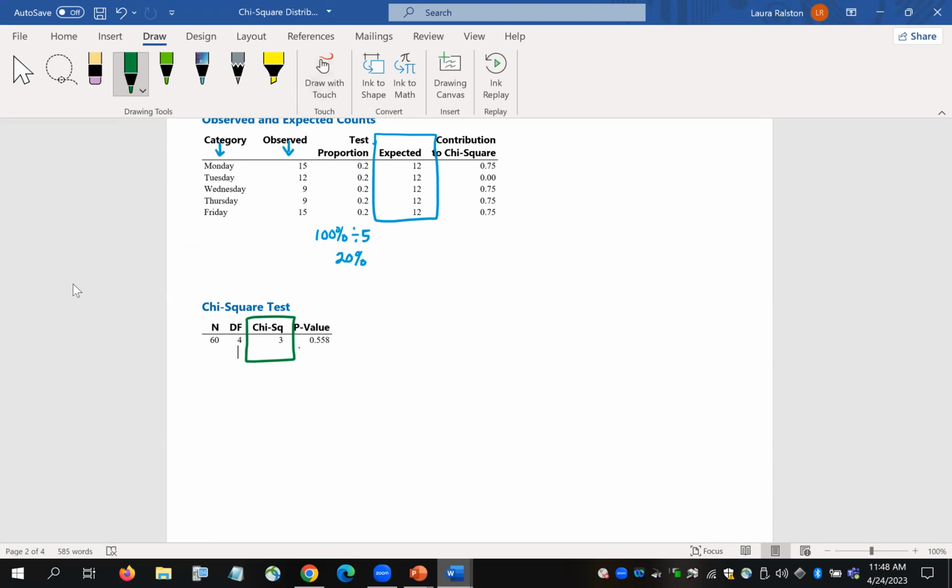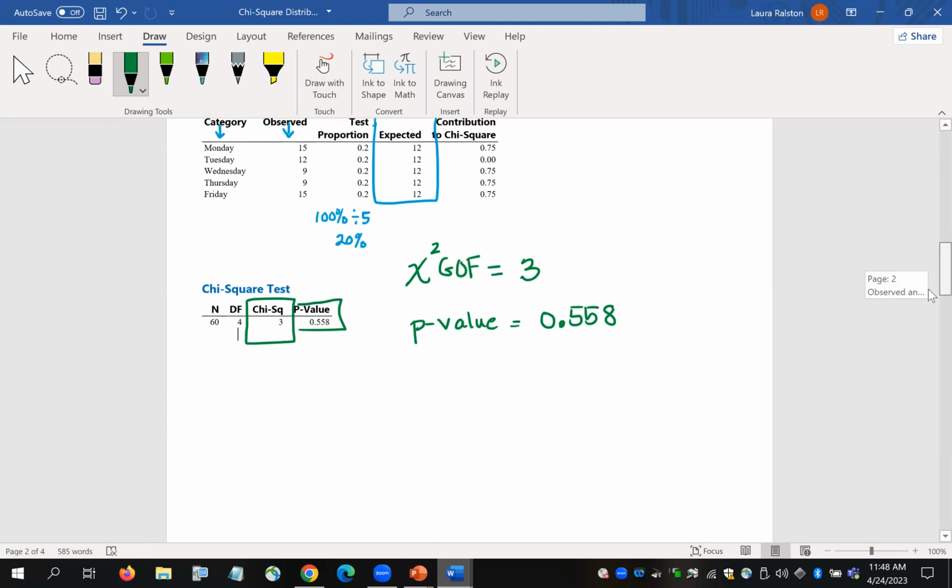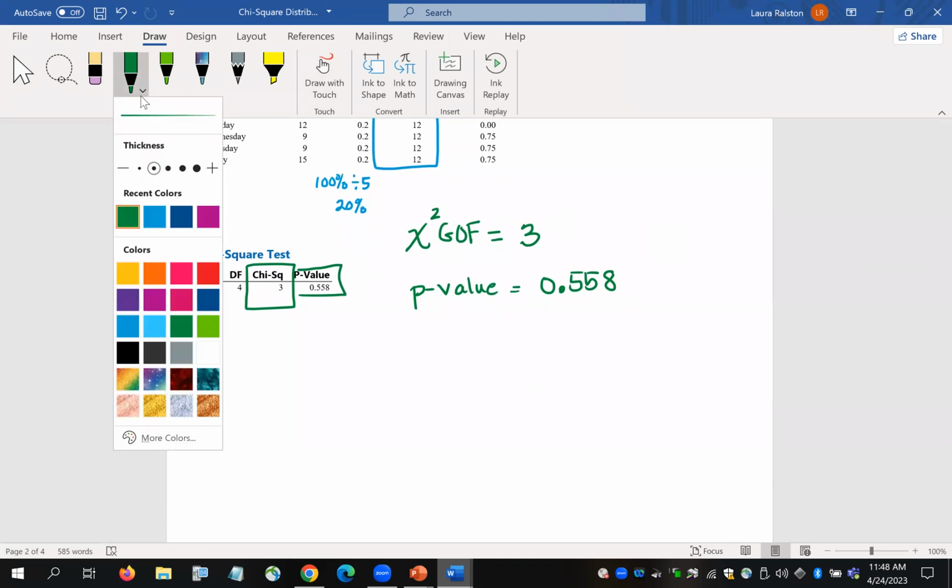And then next to it is the corresponding p-value. So in this problem, my chi-square goodness of fit test statistic happens to be 3. The corresponding p-value is 0.558. So there's my test statistic and my p-value.